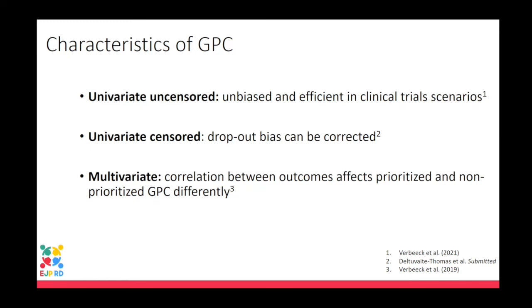And then in the non-prioritized GPC, the correlation is not captured in your effect size. So that will be exactly the same, irrespective of the correlation, but it will be captured in the variance of the test statistic. So in fact, the hypothesis test of both the prioritized and the non-prioritized GPC will take account of the correlation between the multivariate outcomes.